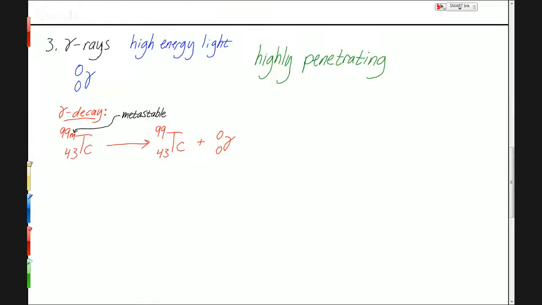So gamma rays are one of the biggest dangers from things like nuclear bombs and nuclear accidents when you have this massive radiation of gamma rays coming off.